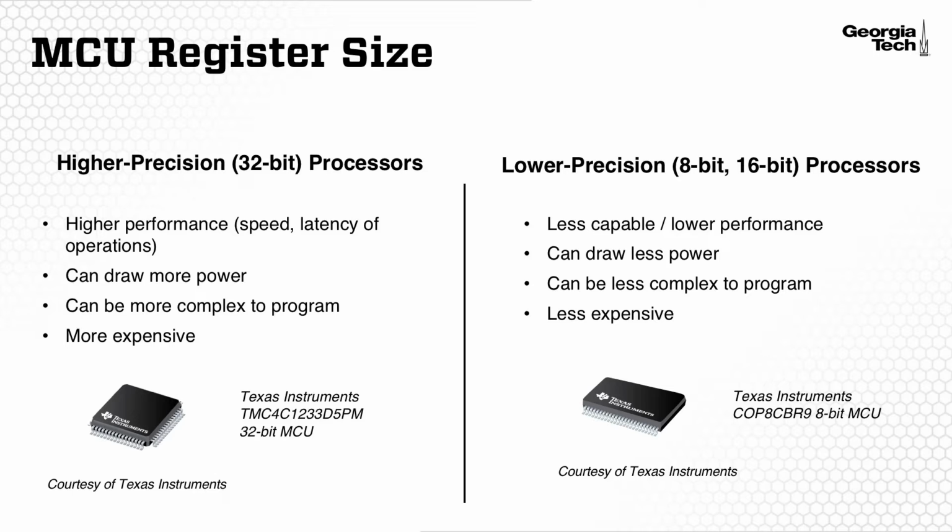However, it can draw more power. It can be more complex to program and is usually more expensive to buy a 32-bit processor. On the other hand, for instance, an 8-bit or 16-bit processor may have less capability in terms of computing performance, but also draws less power, and it's usually less expensive. And for a lot of embedded applications, that can make a big difference.